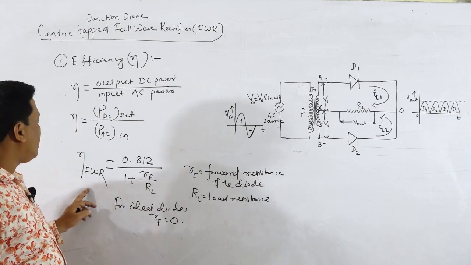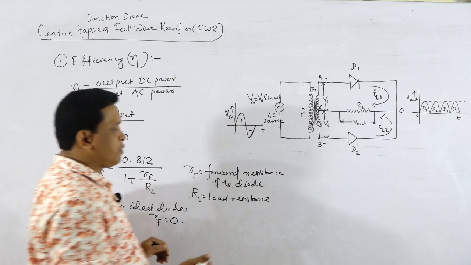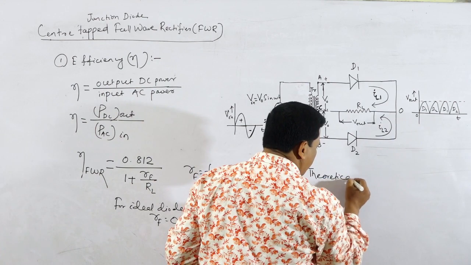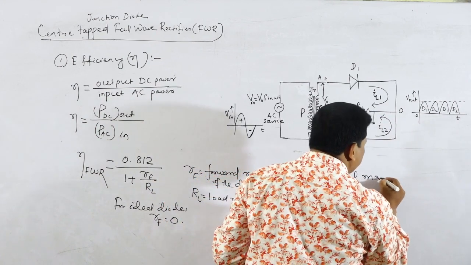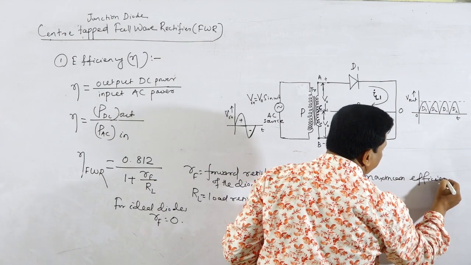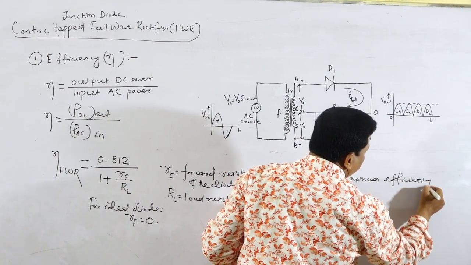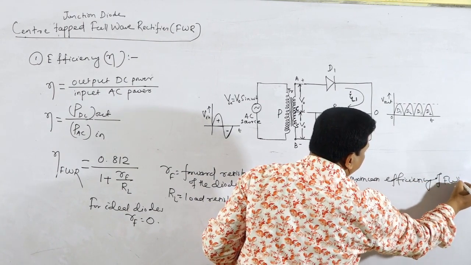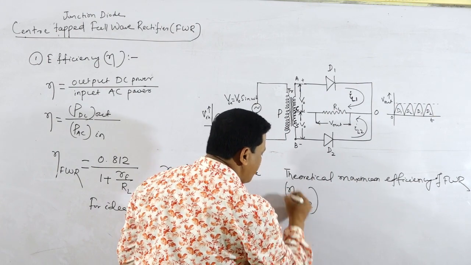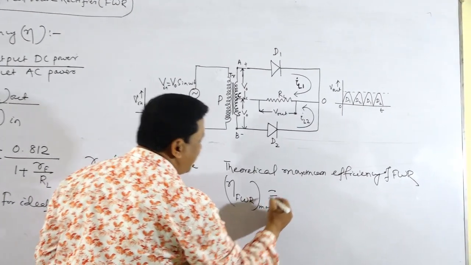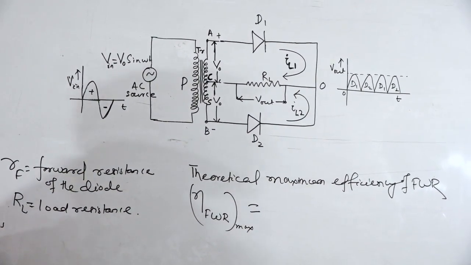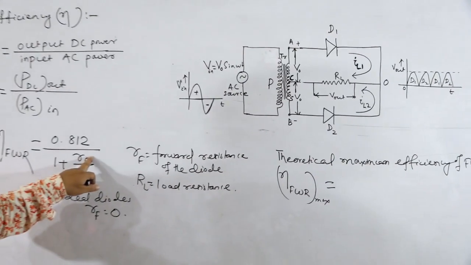Therefore, the theoretical maximum efficiency of a full wave rectifier, eta FWR max. Max means maximum value, the maximum theoretical efficiency of a full wave rectifier. Now, put here RF equal to 0.